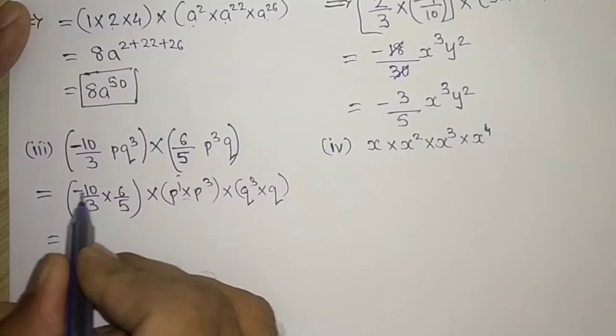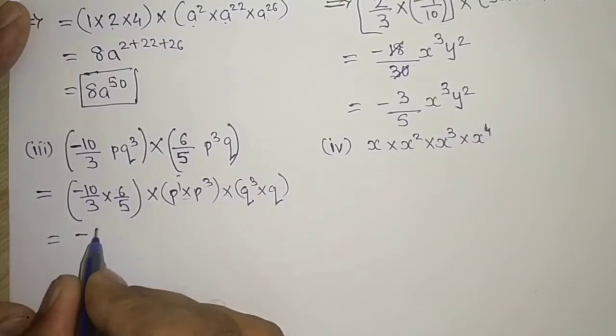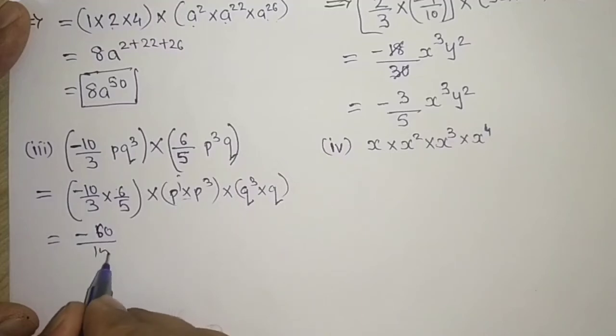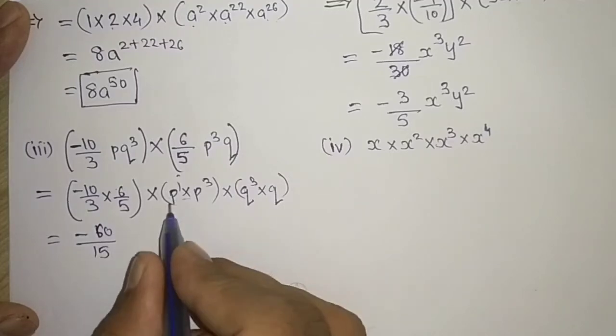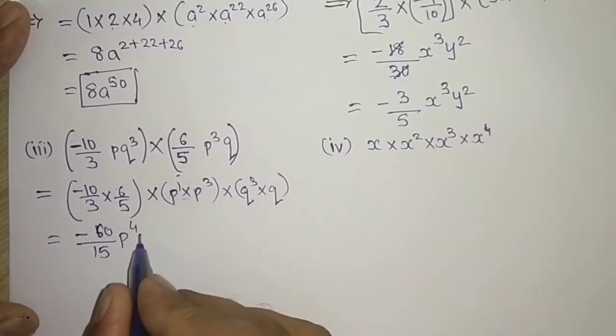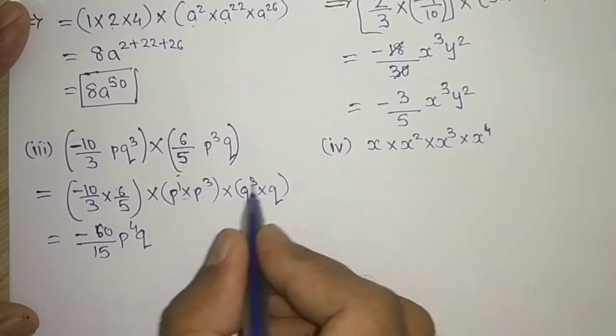So we will get minus into plus minus, 10 6s are 60, 3 5s are 15. P raised to power 4 because 3 plus 1 is 4, and q raised to power 4.